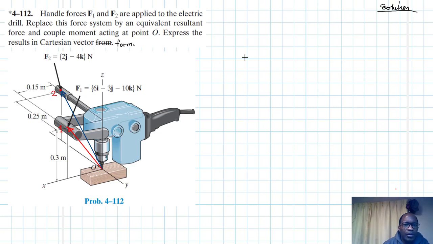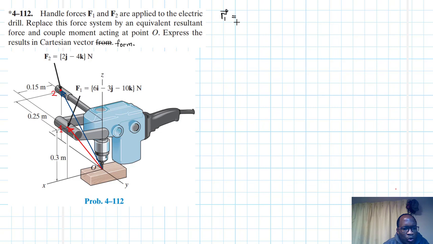Alright. And then let's write down the position vectors, which are the moment arms. So we know that R1 is going to be equal to, what are the coordinates from point O as our reference?